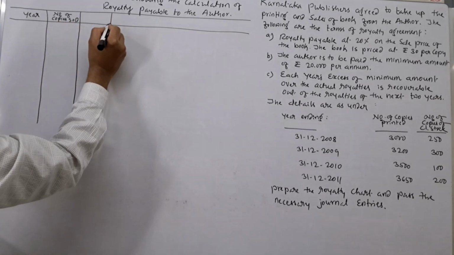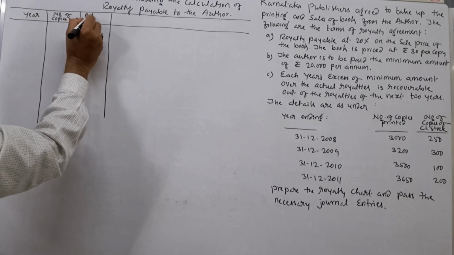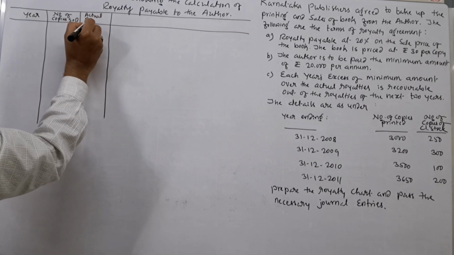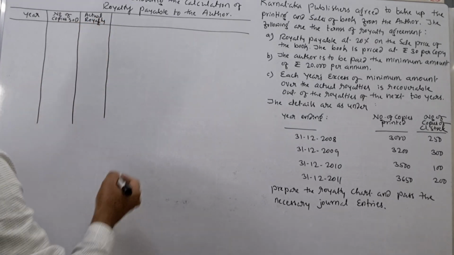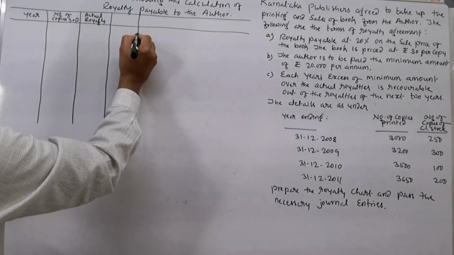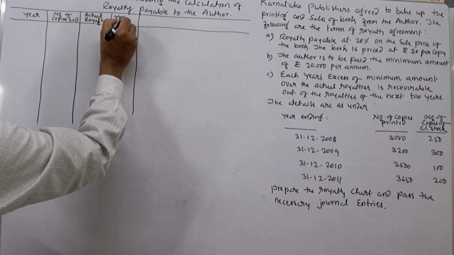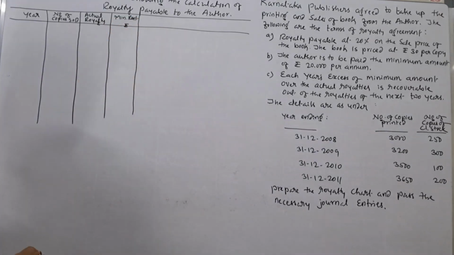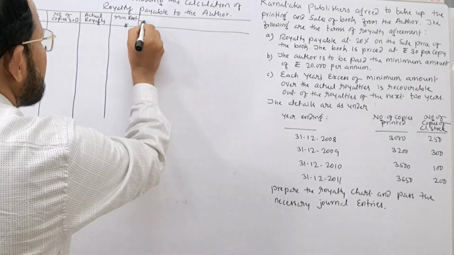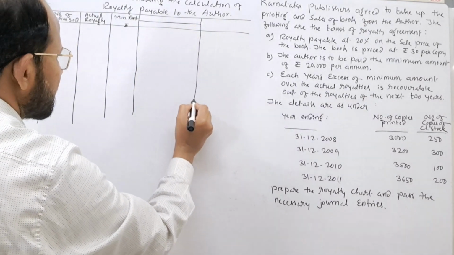After that, we have to take actual royalty in rupees. Then after this we put the minimum rent column. Next one is about the short workings.